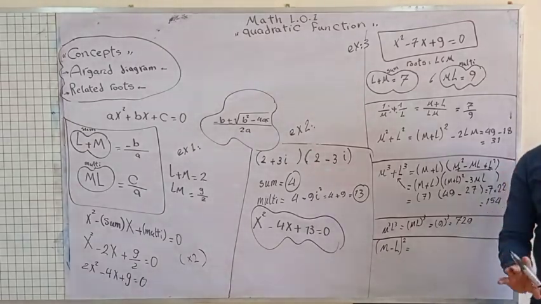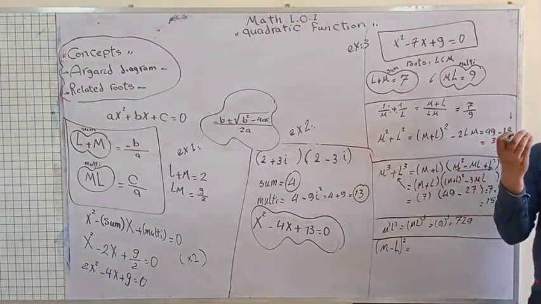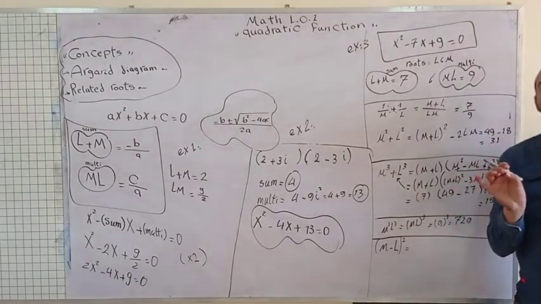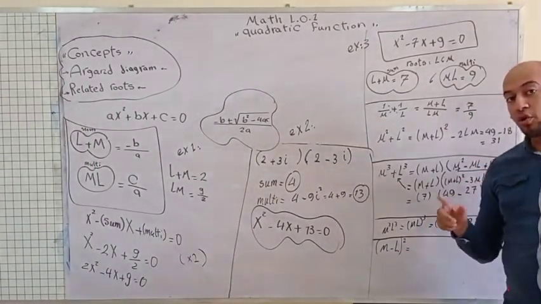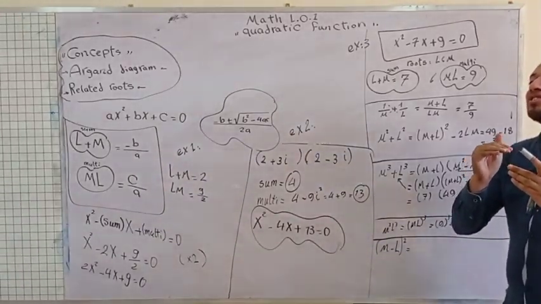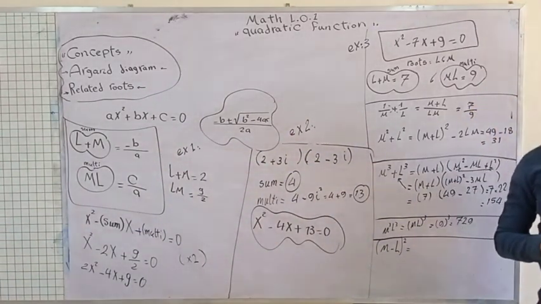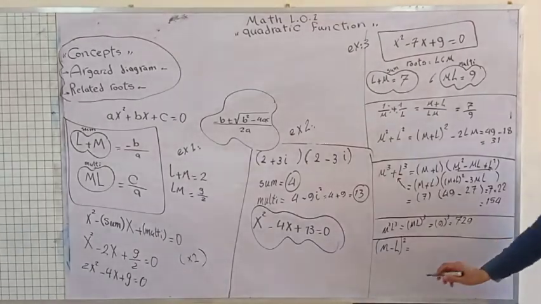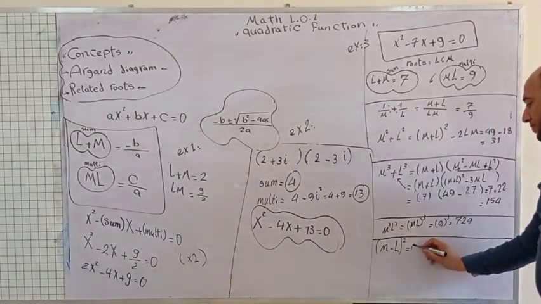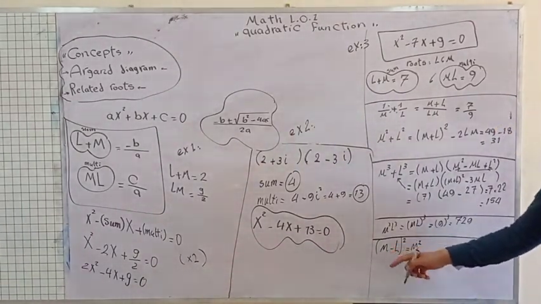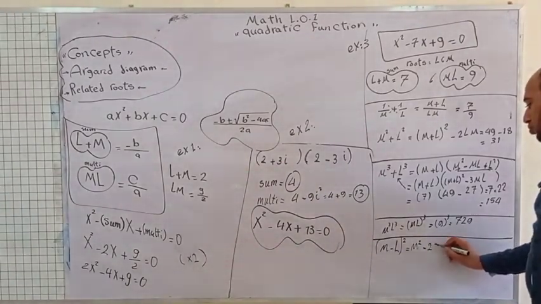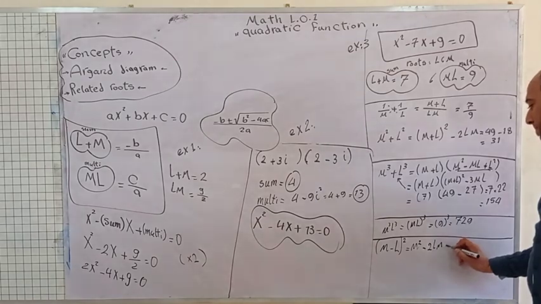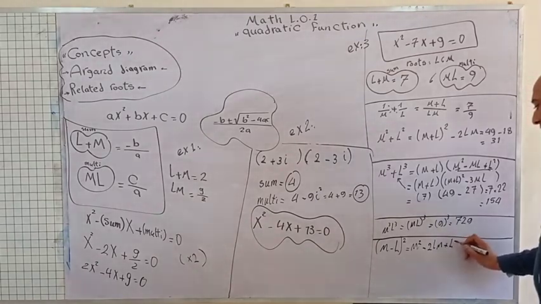Firstly, you get m minus l all square and then take the square root of the final value. Then m minus l all square equals m square, we expand this perfect square, minus 2lm plus l square.